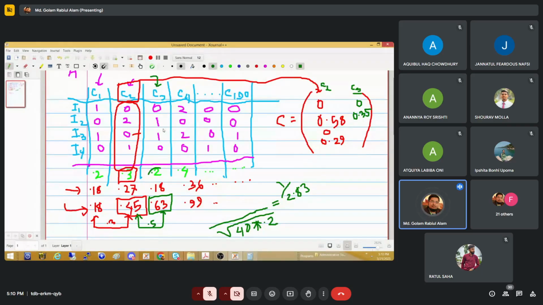And then again 1, so we will get again 0.35. And then 0, so 0 is 0.